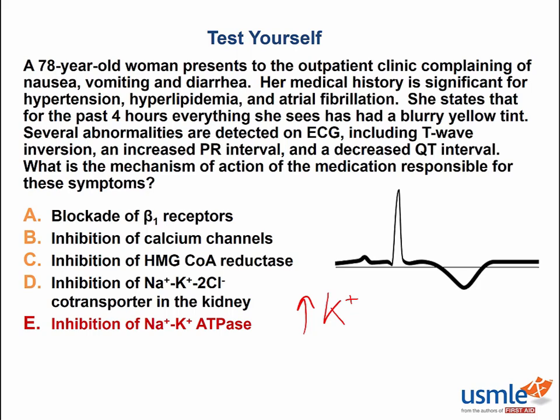Can anyone remember what we normally see on an EKG with hyperkalemia? Right, we normally have high peaked T waves. So remember, if you just have digoxin toxicity, then this will be the inverted wave. But a normal hyperkalemia presents with the peaked T wave.